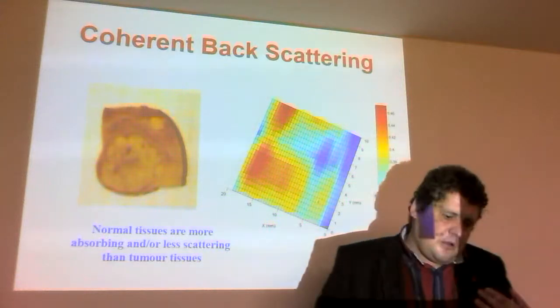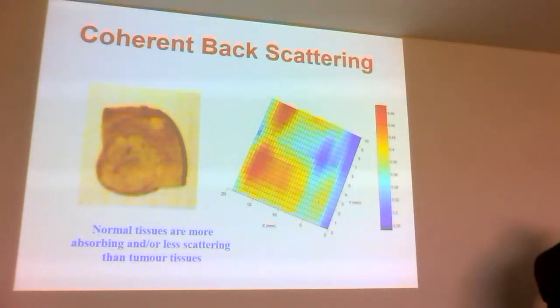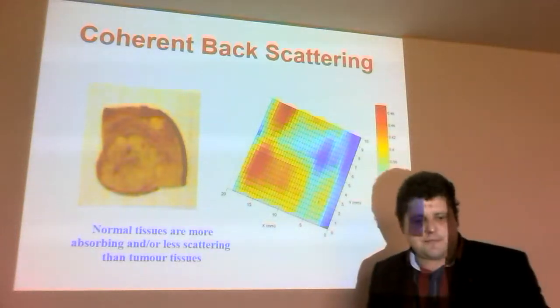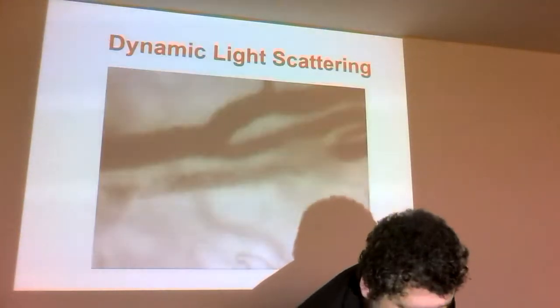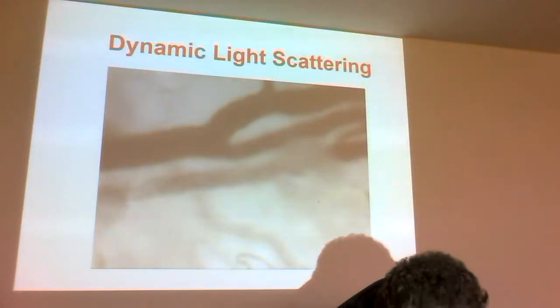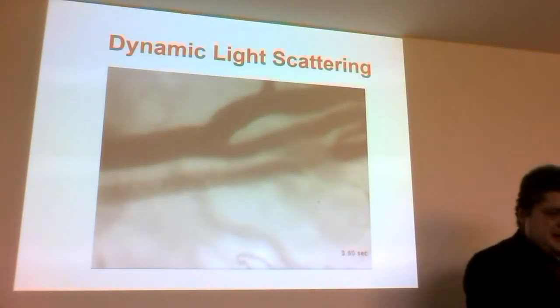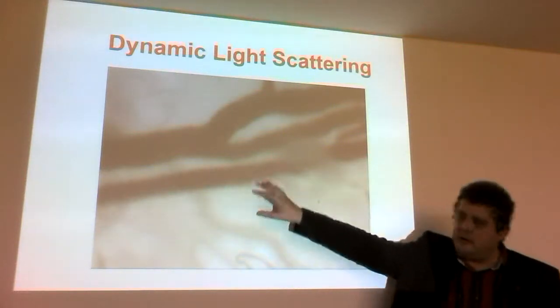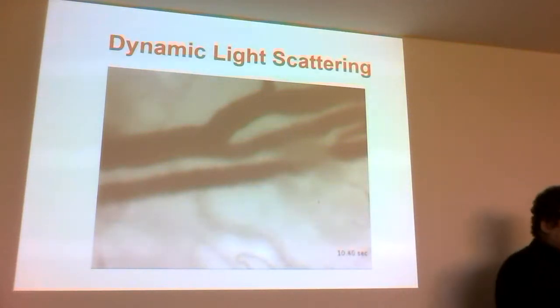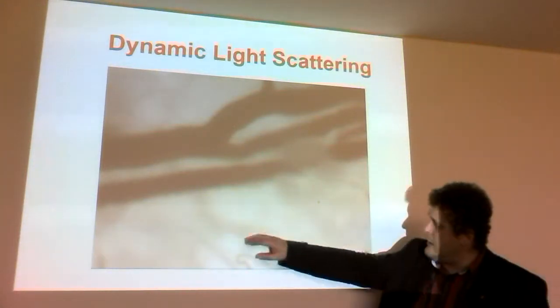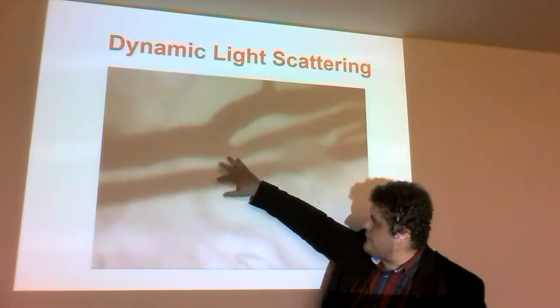But then we considered what happens if coherent light propagates through a medium where we have some dynamics. What dynamics? If we consider skin or brain or whatever, we always have a number of blood vessels, and the blood flows through them in different ways.